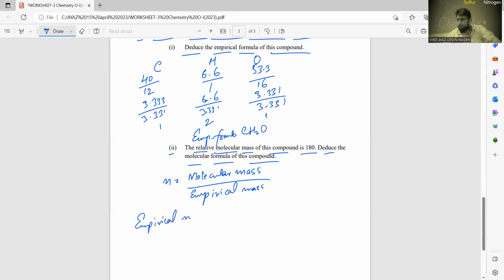Empirical mass for CH2O will be 12 plus 2 plus 16. What we will get? We'll get 30. So N is equal to 180 divided by 30. What we will get? We'll get 6.